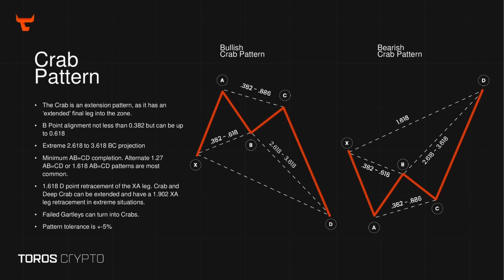So that's what we're looking for, and that's what makes the crab unique, is that it has this 1.618 projection into that D point of the XA leg. The pattern tolerance is plus or minus 5% for the crab, and usually because of the 1.618 extension, you are looking at a reaction from a crab, because they can be very reactive in nature.